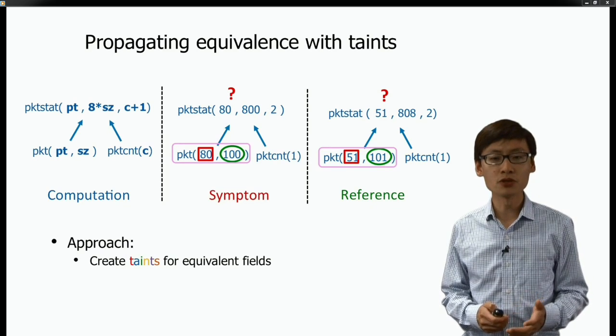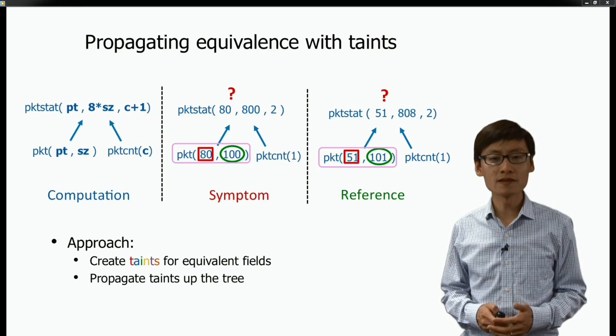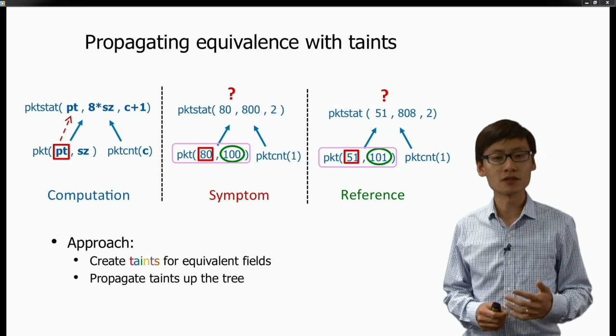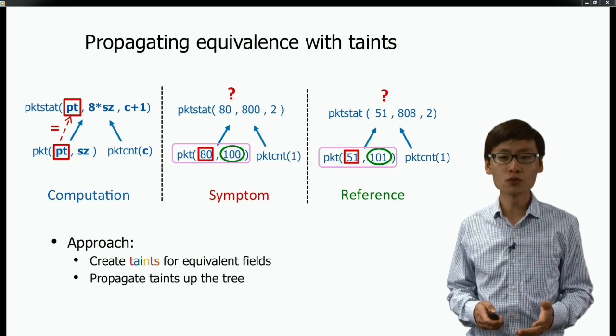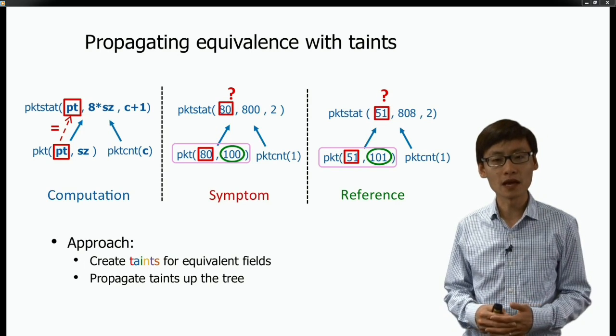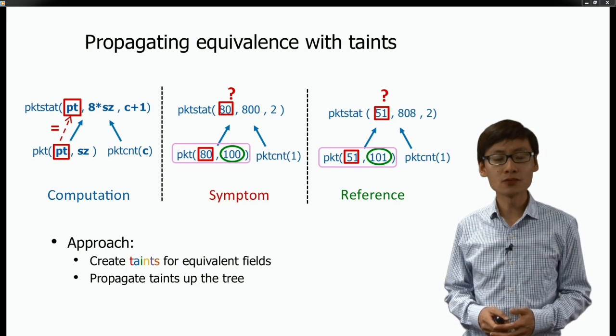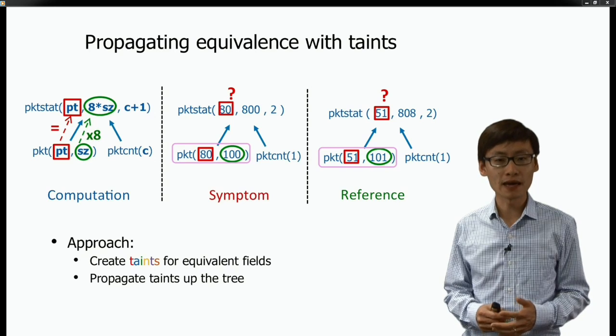And we would look at the computation and see what it's doing. For instance, here we see that the port is simply copied to the stats. We would therefore do the same when we are propagating the taints to the parent vertices in the graph. And for the packet size, we would realize that it's multiplied by 8.